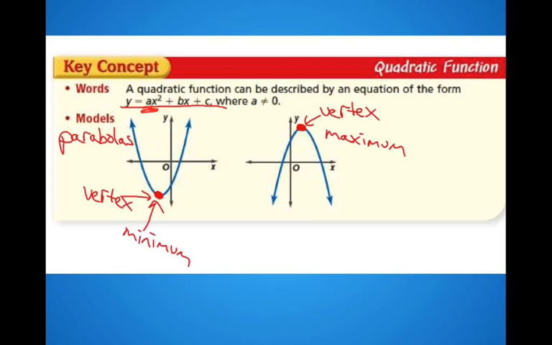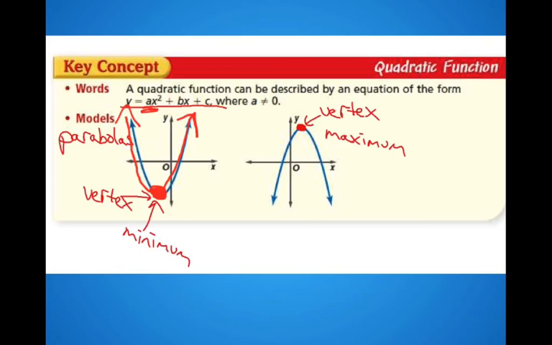Now all the quadratic functions form the shape of a parabola, so it's a parabola that either opens upward or it opens downward. It's logical that if it opens upward, it's going to have a lowest point, and that lowest point we call a minimum value. And that's going to be where the vertex is.